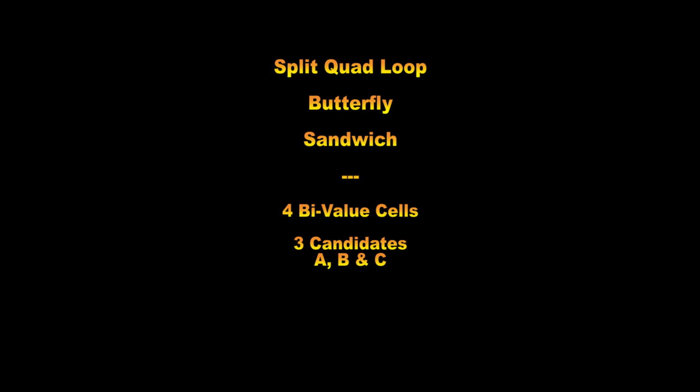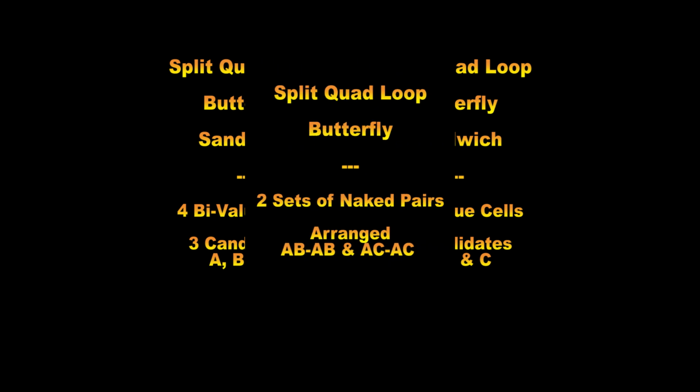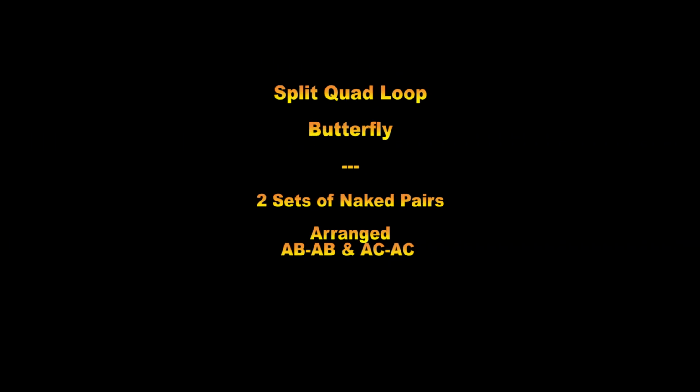But in each of these patterns, there will only be 3 different candidates appearing in the 4 cells, candidates A, B, and C. The 4 cells in the Split Quad Loop and the Butterfly will consist of 2 sets of naked pairs, AB, AB, and AC, AC.